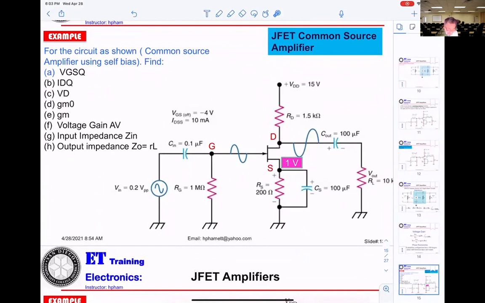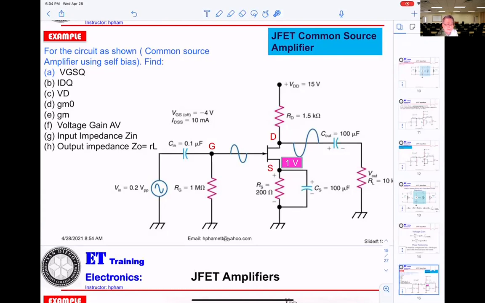Okay, they gave you the common source bias circuitry. On this circuitry, what DC bias are they using? Self-bias, that's very good. You must memorize those kinds of circuitry.